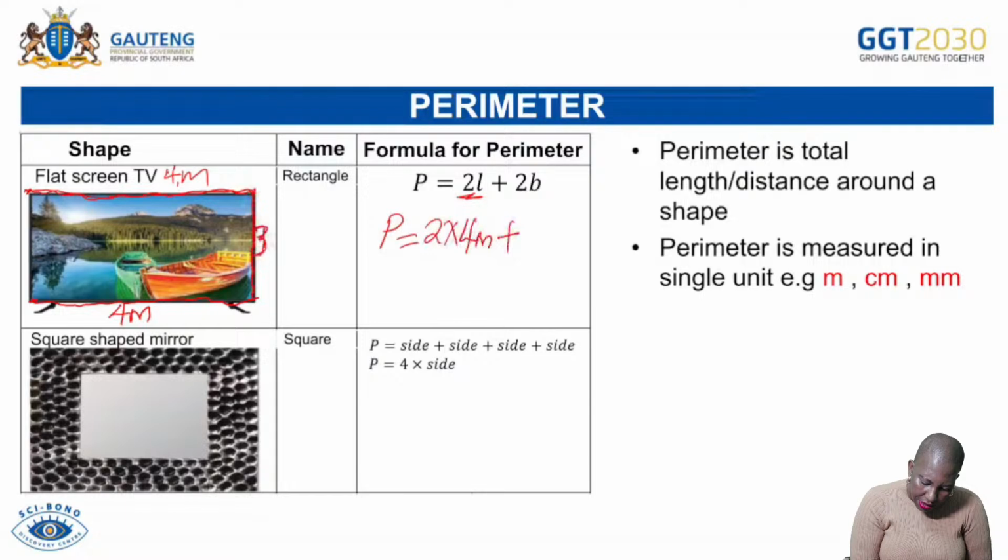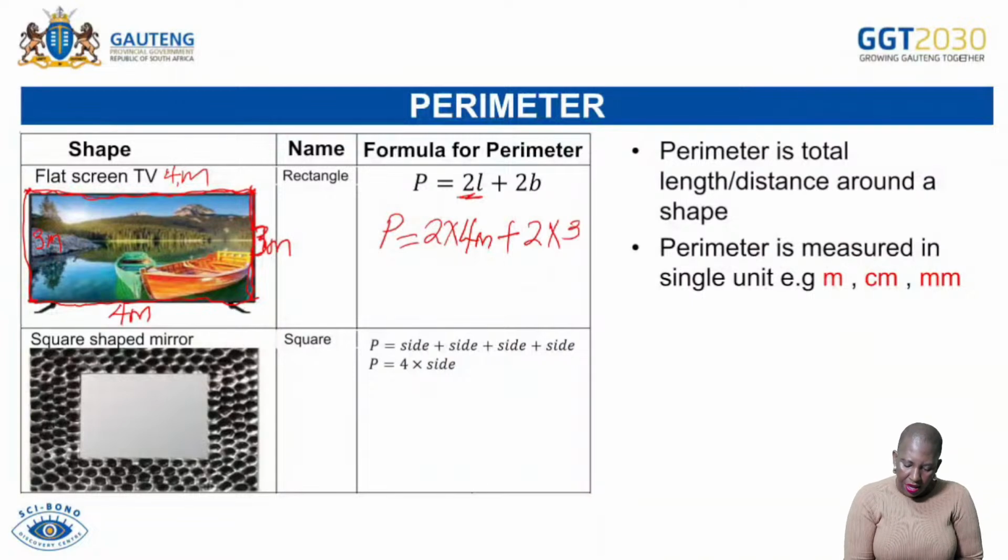It's the same from here up to here, and from here up to here is the same. So if this side is 3 meters, definitely this side is also 3 meters. So it will be 2 times 3 meters. You can do it this way: you get 8 meters here plus 2 times 3, which is 6 meters.